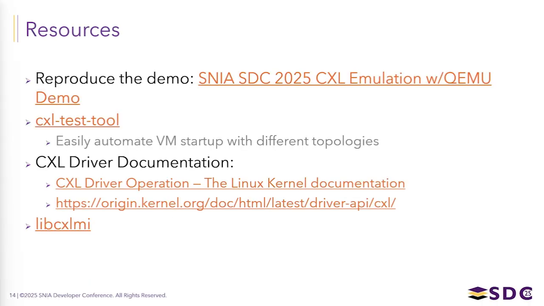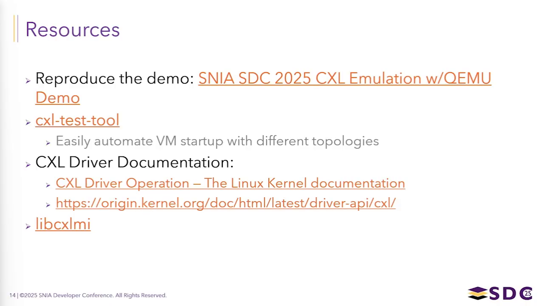And so to wrap things up, I've included a few links to resources that may be useful for referencing later. So first, I have a link to some documentation on how to recreate the demo that I just showed you. And as you just saw in the demo video, I used a CXL test tool program to do a lot of the setup steps and automate starting up the VM and loading the kernel modules.